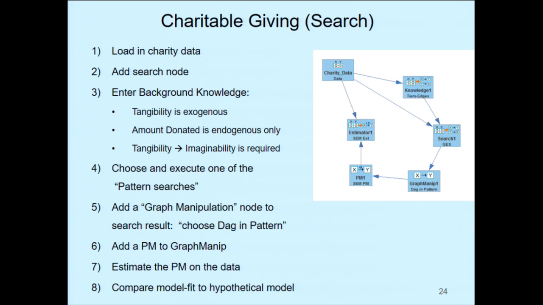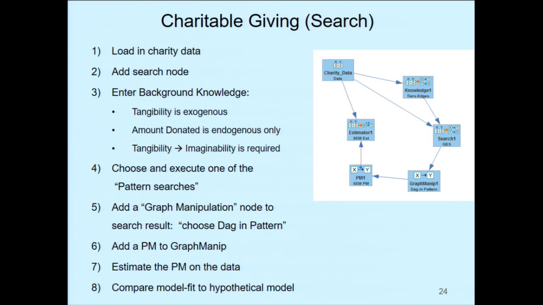Here are the 3 pieces of background knowledge that you can use, because the authors in the study tell me this is so. The first 2 I think are uncontroversial. The third one is quite controversial. The first one is tangibility is exogenous. Clearly they randomized it and that perfectly makes sense.